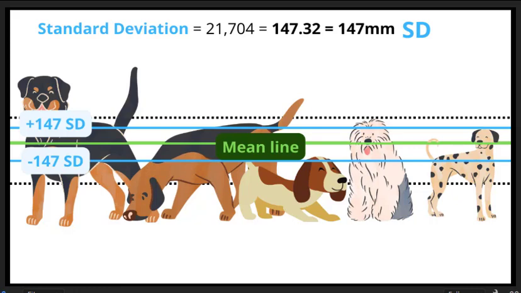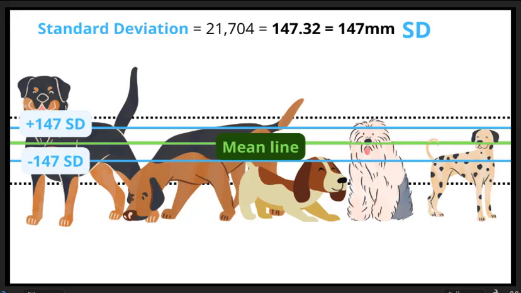With it you can tell which dogs are abnormally high and which are abnormally low. This black dog is above one standard deviation, so we can say it is abnormally tall. This sausage dog is about one standard deviation lower than the mean, so it is abnormally short. The ones in between are within the normal range.